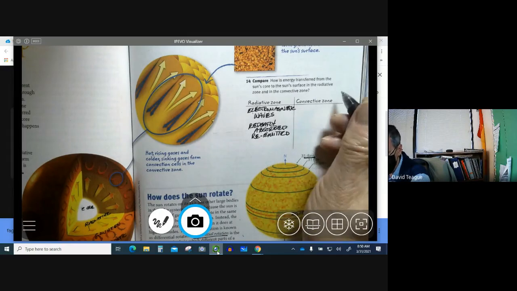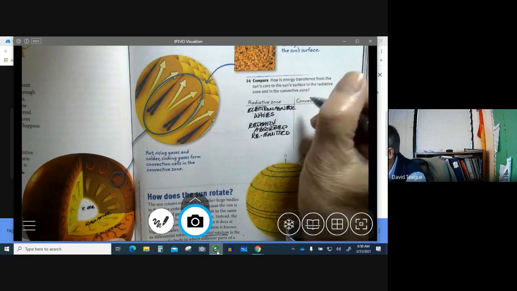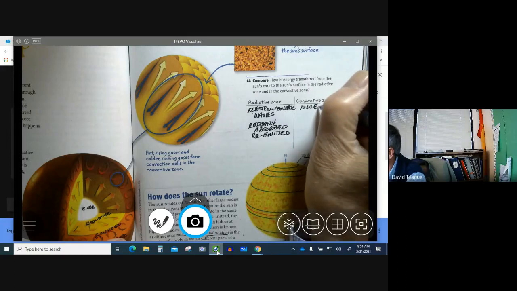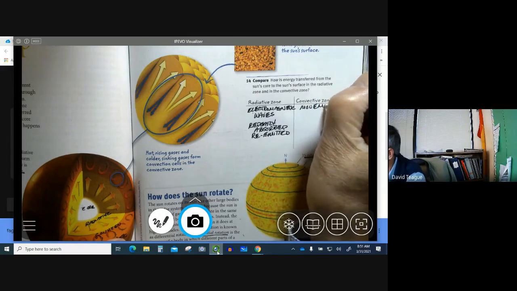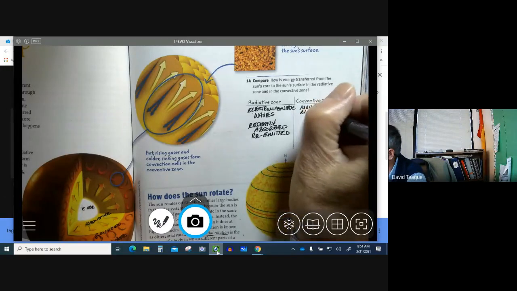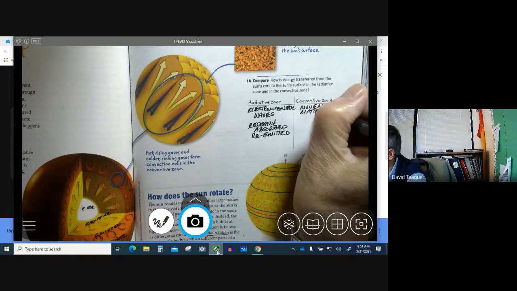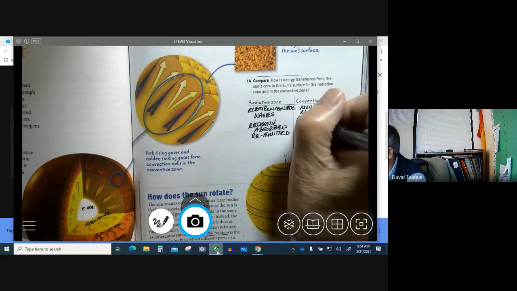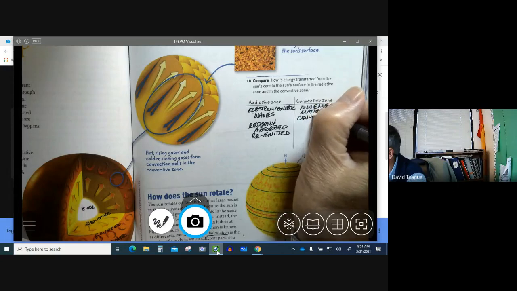Okay, convective zone, movement of matter through convection cells.